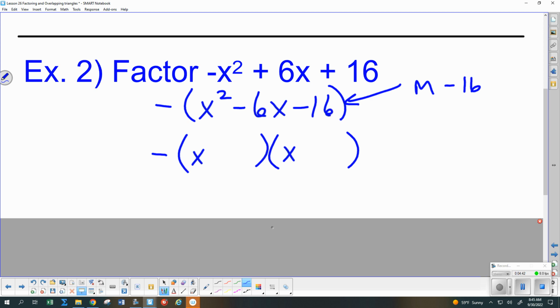What do they need to add to be? -6. Raise your hand when you can think of two numbers that will work for that, to multiply to be -16, add to be -6. Hayden.